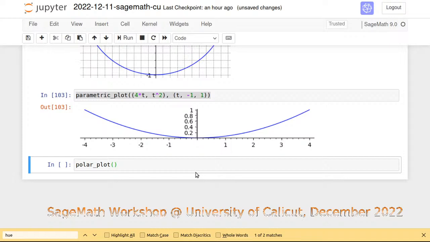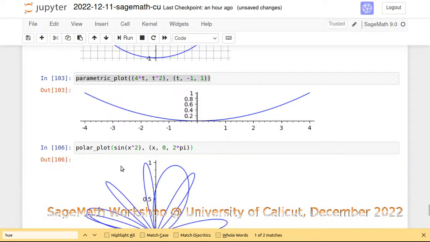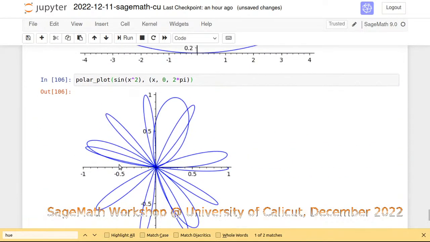Sine square within the x range. Let us see. Sine x square, where x within 0 to pi. So can you guess what exactly might have happened here?